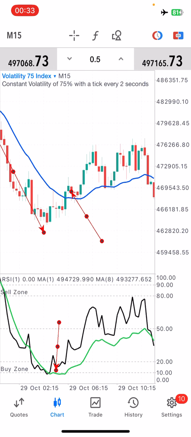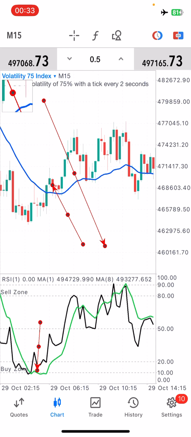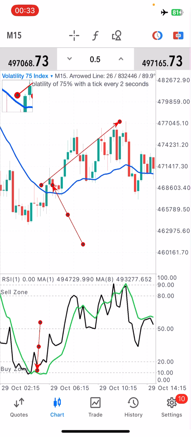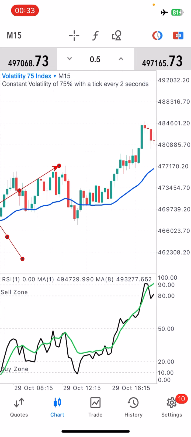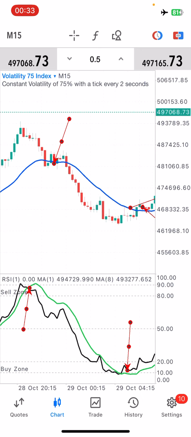You actually exit your sell trades and enter into this buy trade. You see price pushes all the way up, and you keep on following the trend continuously. It actually helps you not to get confused, because you now know where the market is coming from and where the market is going, because you've been following the trend. So you can actually do that trick as well, and you'll see how profitable you are.